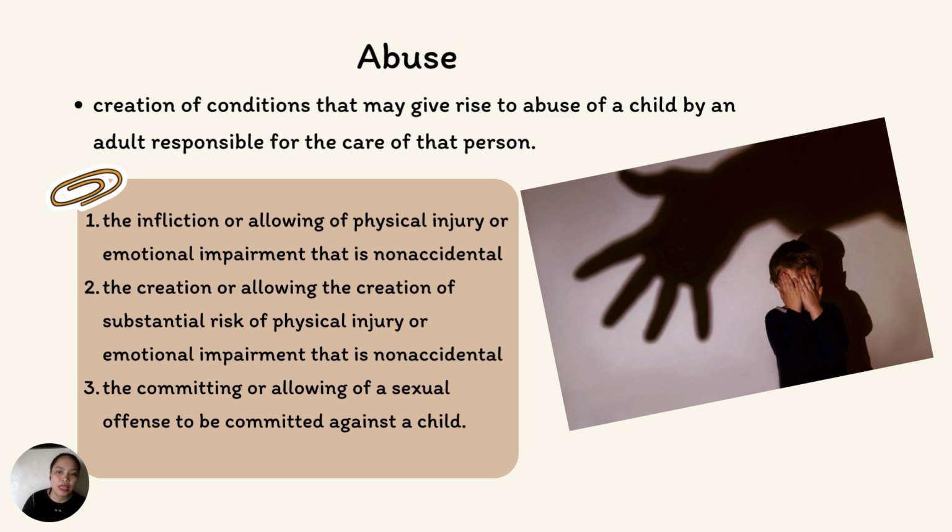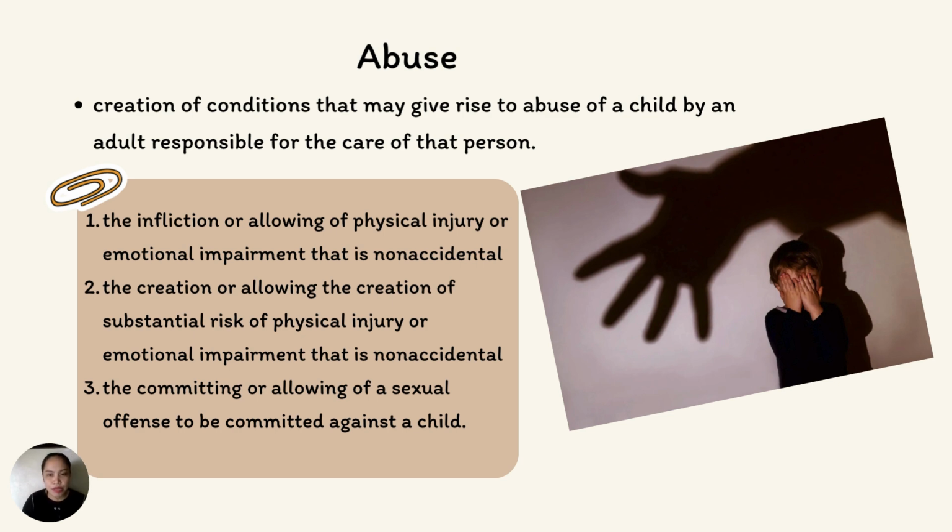Now, abuse refers to the creation of conditions that may give rise to abuse of a child, a person under the state-defined age of maturity, by an adult responsible for the care of that person.